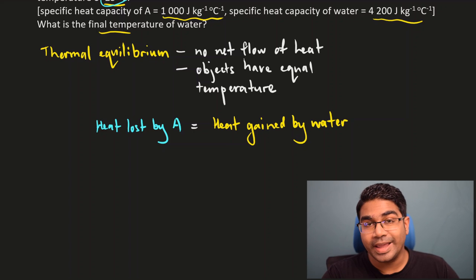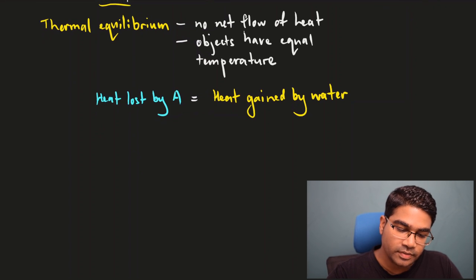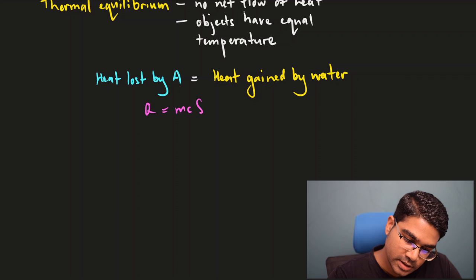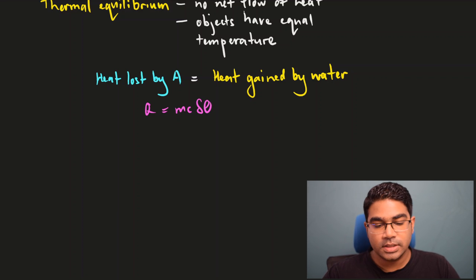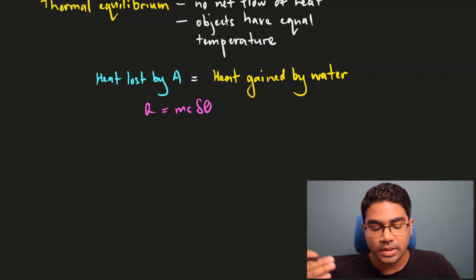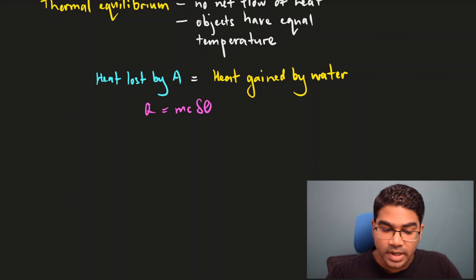So heat lost by A must be gained by water. Now let's remember the formula for heat energy. Formula for heat energy is Q equals mc delta theta. So this can be heat lost or heat gained. It doesn't matter. Q equals mc delta theta. So let's apply the formula here.